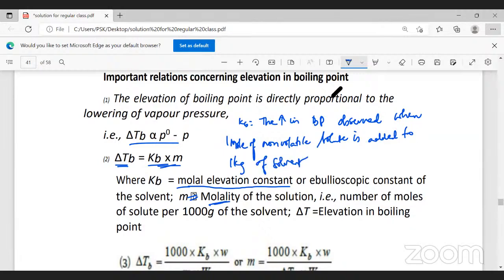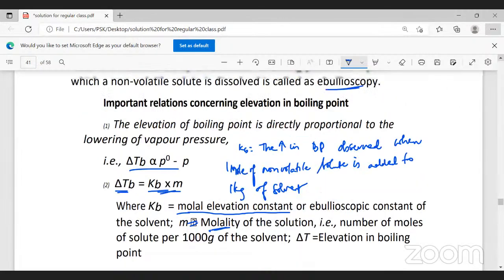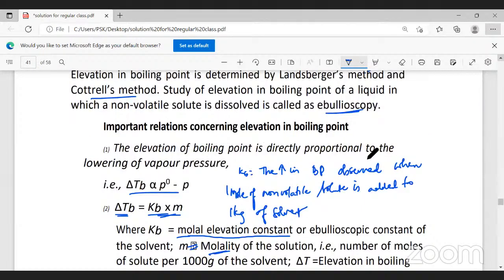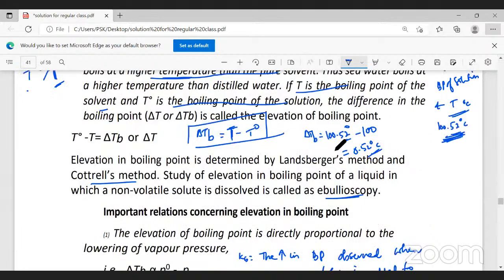I told you we take 1 kg of water and add 180 grams of glucose. When we add 180 grams of glucose, the increase in boiling point was 0.52 degrees. Water boils at 100 degrees and the 1 molal glucose solution boils at 100.52. The difference in temperature is 0.52. This value is called the molal elevation constant.